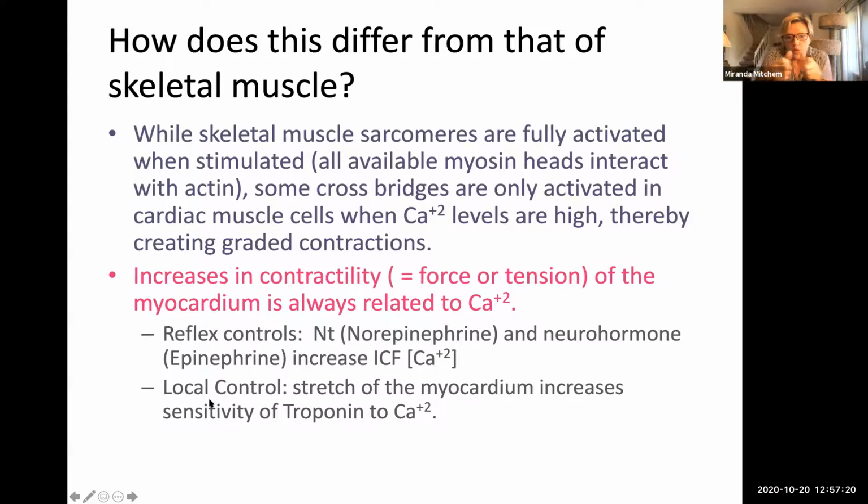Locally within the heart, it's actually the stretch of that myocardium. And what that does is when it stretches, it increases the response or sensitivity of troponin to calcium, right? And we need that interaction to happen so that the actin and myosin are able to engage properly for the contraction.